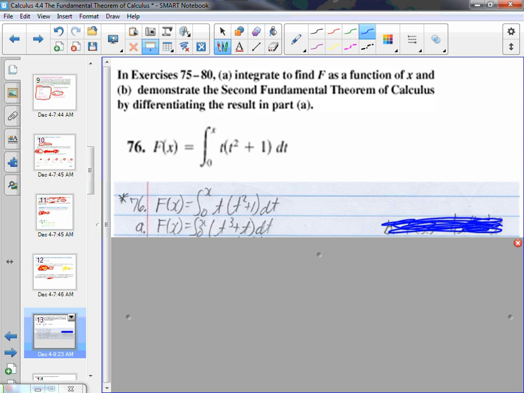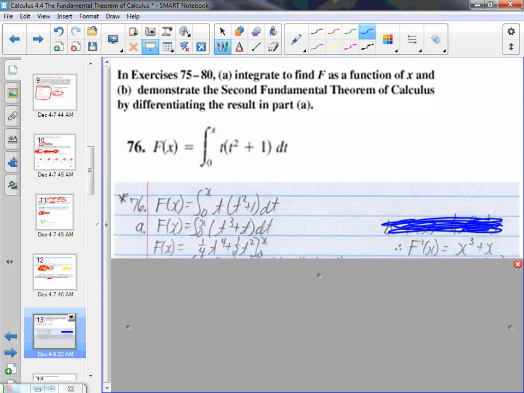So capital F of x equals the integral from 0 to x of t cubed plus t dt. Now can I find the antiderivative? Sure, now I can. So capital F of x equals 1/4 t to the 4th plus 1/2 t squared, evaluated from 0 to x.